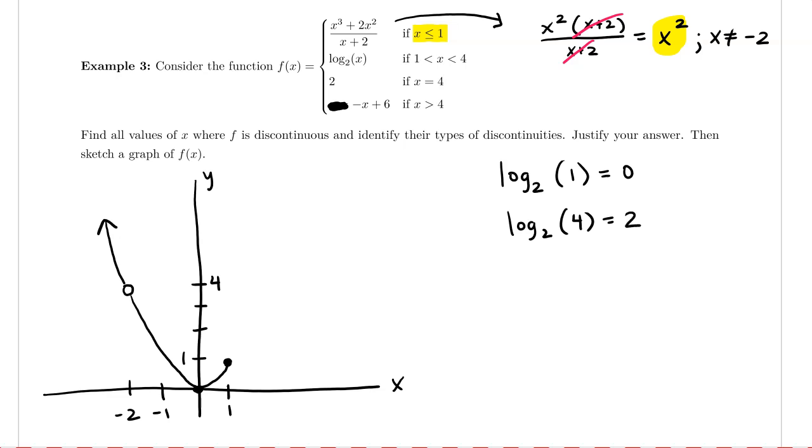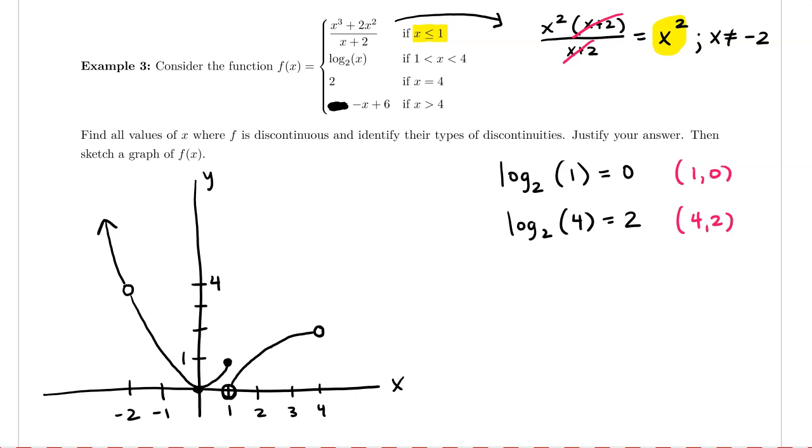So those are where my output values would be, but I can put open circles at those locations. So here's 2, 3, 4. If I plug in 4, I'm going to put a hole here at 4, 2. So we can think of the ordered pair 4, 2 here, and here we could think about the ordered pair 1, 0. And so I'm also going to place an open circle at 1, 0. And I know that my logarithmic function is going to increase something like that.